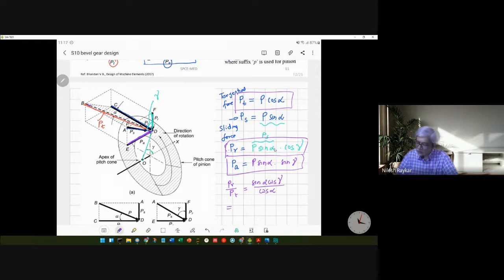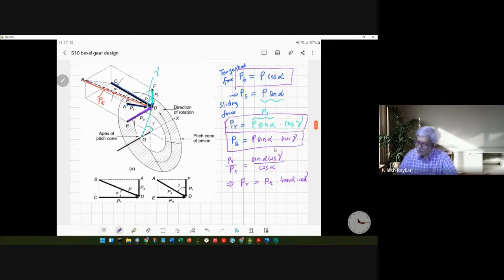So this implies PR equal to PT multiplied by tan alpha cos gamma, and we are having PA by PT equal to sine alpha sine gamma divided by cos alpha.